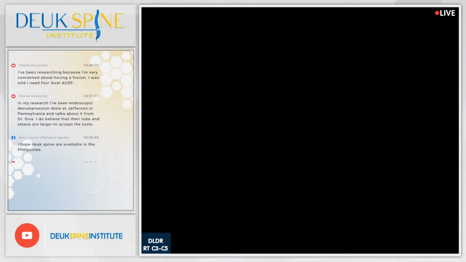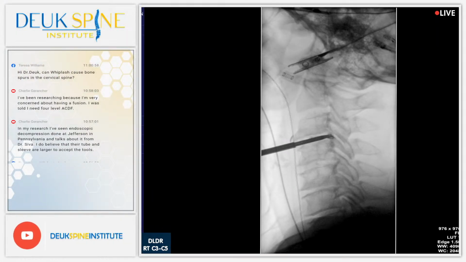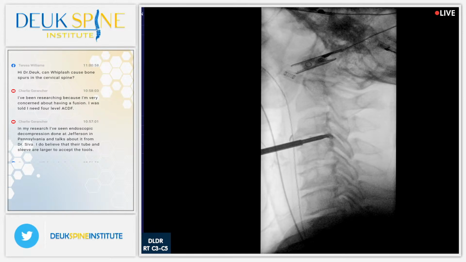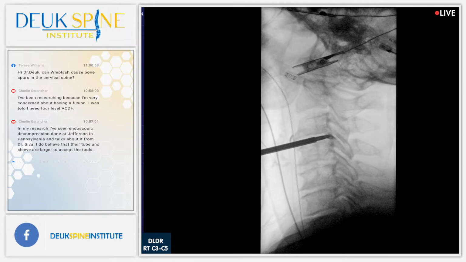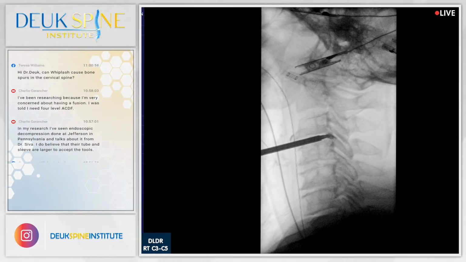But the way I figure it, I've been doing all my surgeries with the smaller tubes. They're less invasive, and I've had better results than any other surgeon in the world doing cervical spine surgery. So why would I change what works? In America, we have a silly old saying, if it ain't broke, don't fix it.